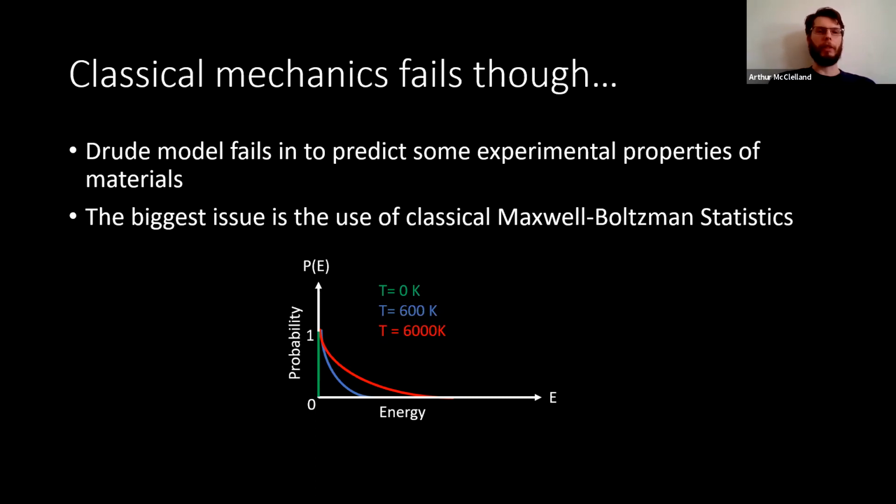So in Maxwell-Boltzmann statistics, we have the probability of an electron being found in a specific energy level. At absolute zero, all the electrons will be found at the lowest energy level at zero. And then as we heat the system up, we get an exponential tail as the electrons get more and more energy from thermal sources.